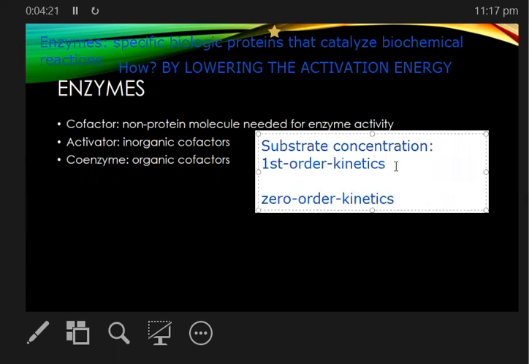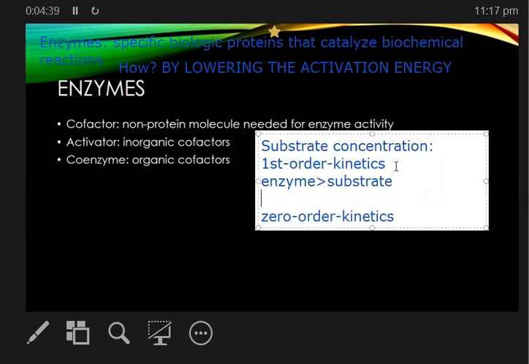Take note, it's very easy to understand. When we talk about your first order kinetics, the enzyme in this case has a higher concentration as compared to your substrate.